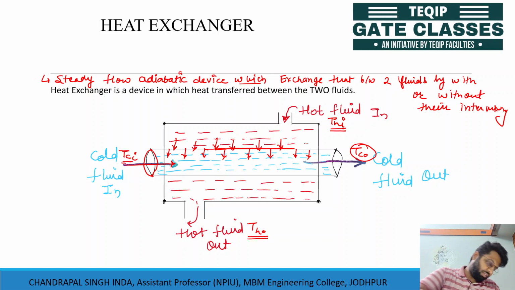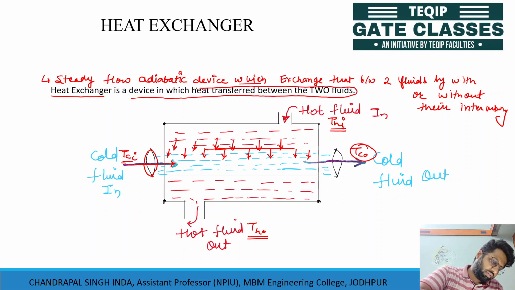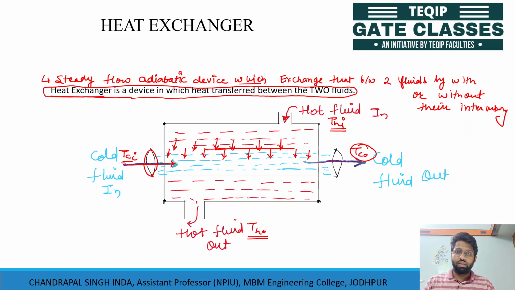So a heat exchanger is a device that will transfer heat between two fluids. It is an adiabatic device. How? Adiabatic means the heat transfer to the surroundings is zero, meaning delta Q is zero.